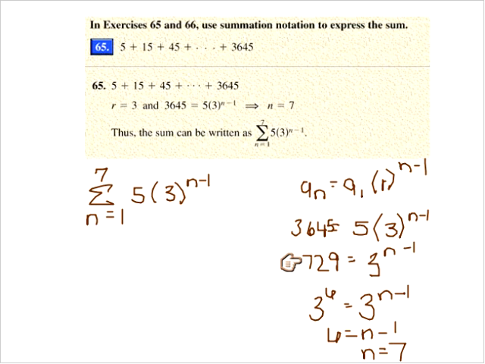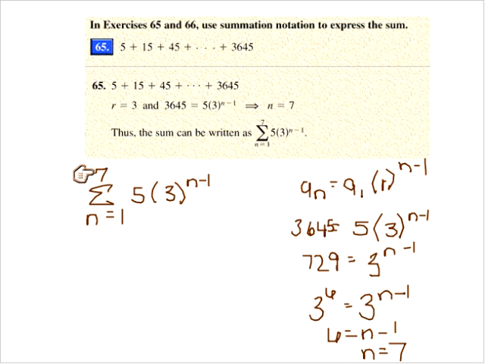I chose to write 729 as 3 to the 6th power. If the bases are the same, remember you can set your exponents equal to each other. They have the same base of 3, so that's why I did 6 equals n minus 1. I added 1 to both sides to get n equals 7. I needed to know that n equaled 7 because that was where I stop.